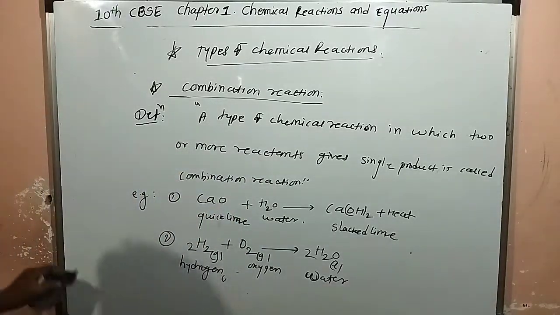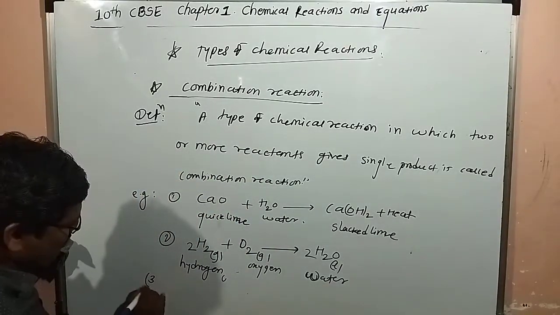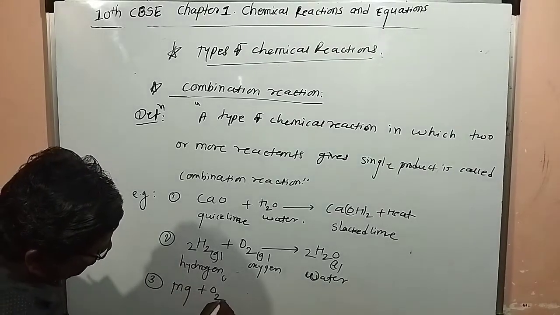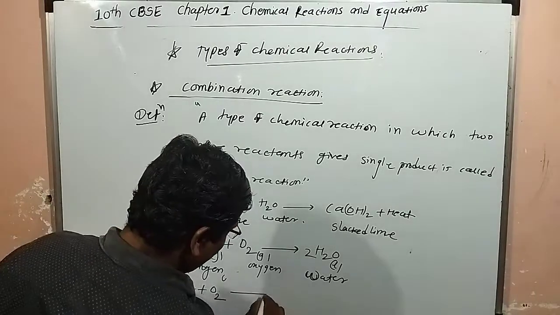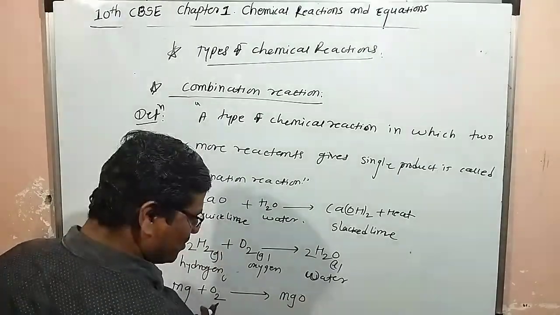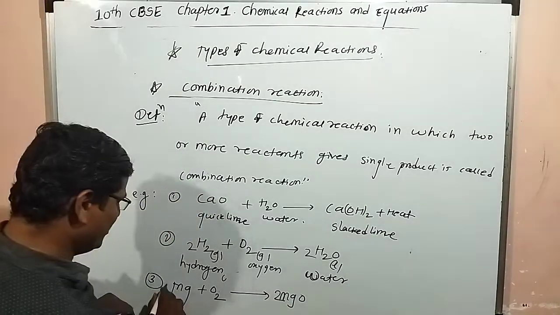After this, the next reaction is one we studied before: Mg plus O2, and it is giving MgO. So twice MgO, oxygen is O2, and twice Mg.